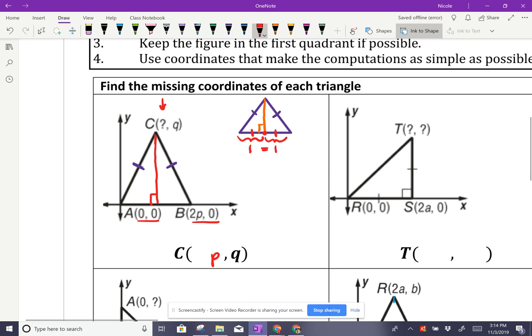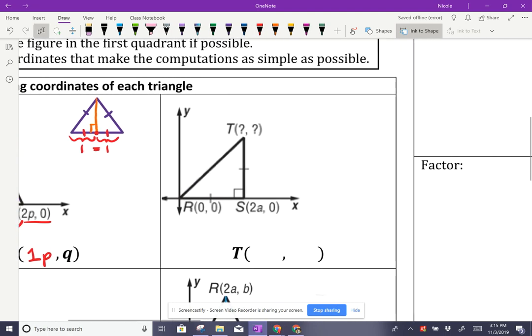That's a part of our x value. And if we go all the way over, we're going 2p. But if we're only going halfway over from 0, 0, we're only going 1p. So our answer is 1p, q. It's kind of a weird idea. I'm sorry, guys, but we'll work through it and get some practice.